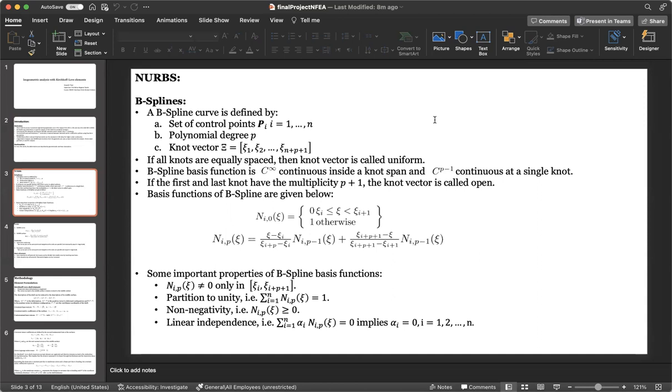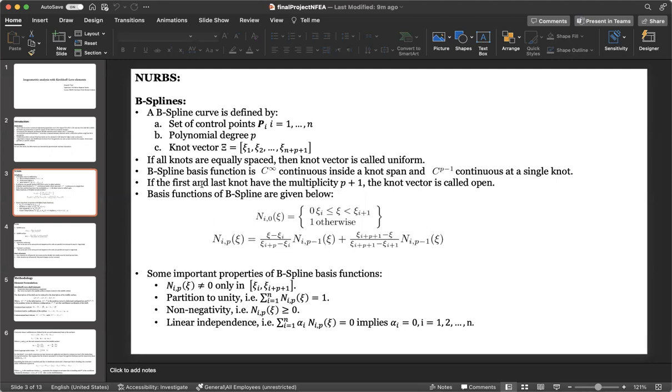Any B-spline curve can be defined using three main ingredients: one is control points, the second is the degree of the curve that is denoted by p, and the knot vector denoted by Ξ. There are different types of knot vectors, which are categorized as uniform or non-uniform.